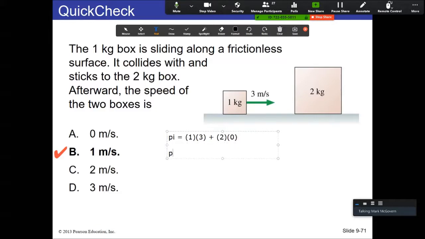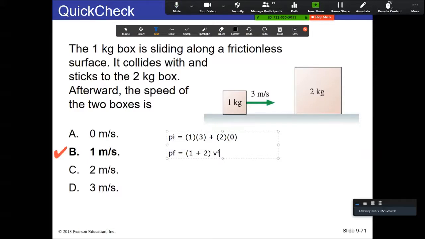So what's the final momentum going to be in this? Well, they stick together. And when they stick together, they move with a common velocity. So that means when I do my masses here, I'm going to do 1 plus 2, and then I have a final velocity. Now, what's happening is we take a 1 kilogram block, and when it collides with a 2 kilogram block, you basically create an object that now has 3 times the amount of mass.